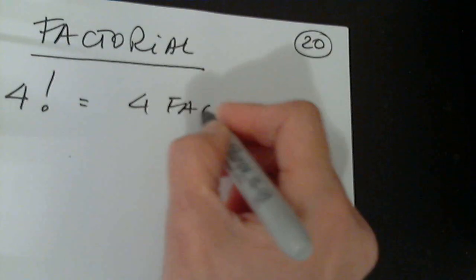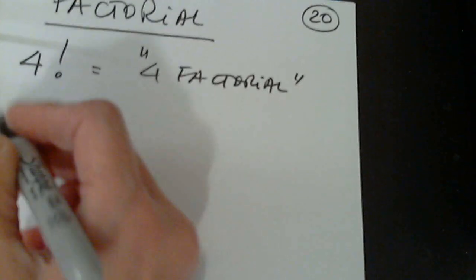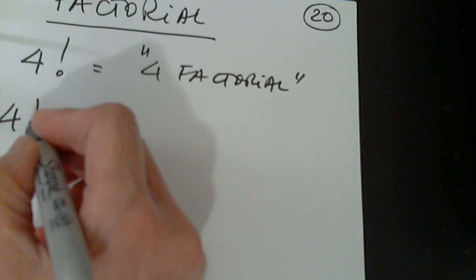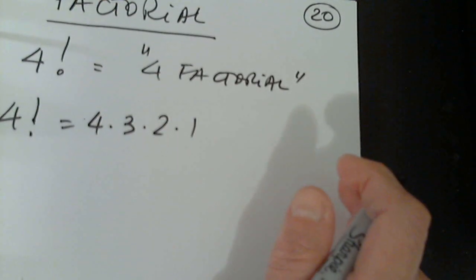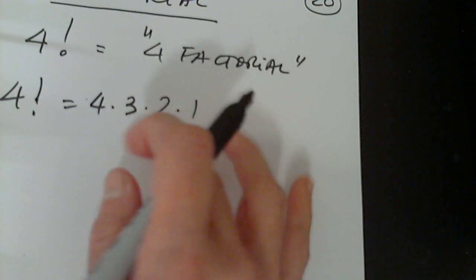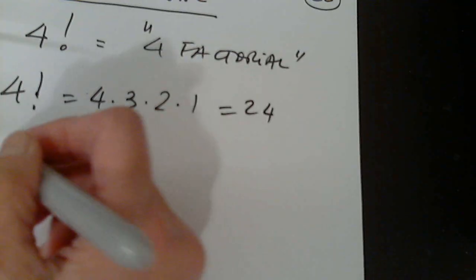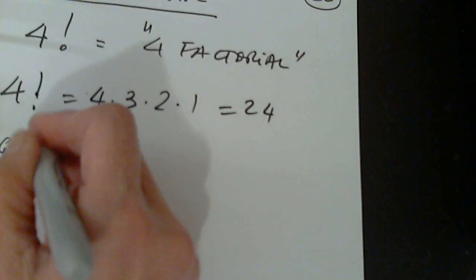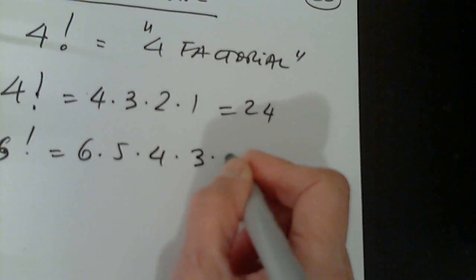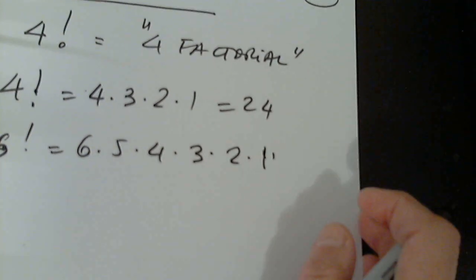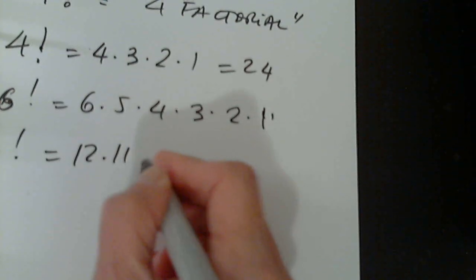It means 4 times 3 times 2 times 1. 4 times 6, 24. 6 factorial: 6 times 5 times 4 times 3 times 2 times 1. 12 factorial: 12 times 11, dot, dot, dot.